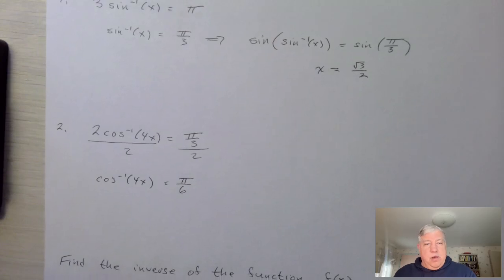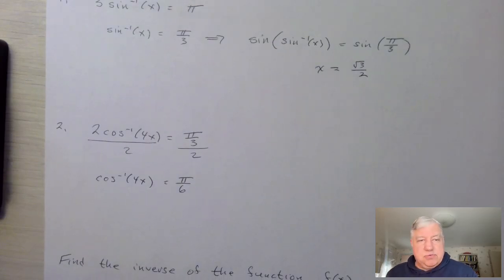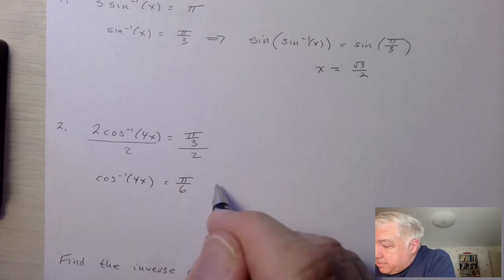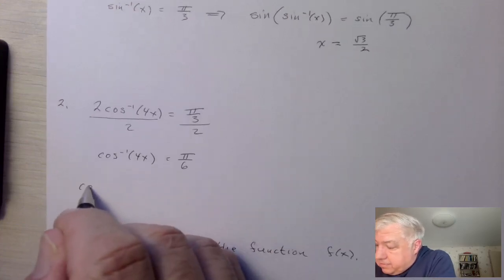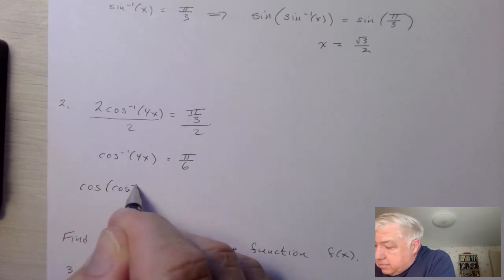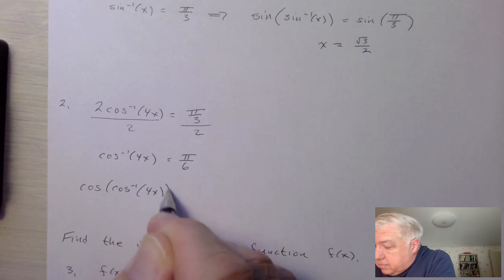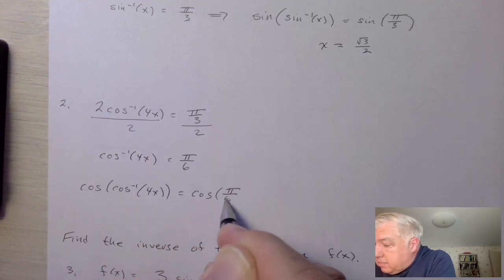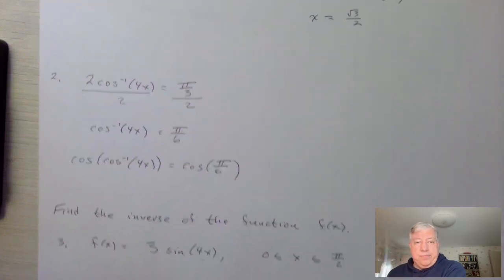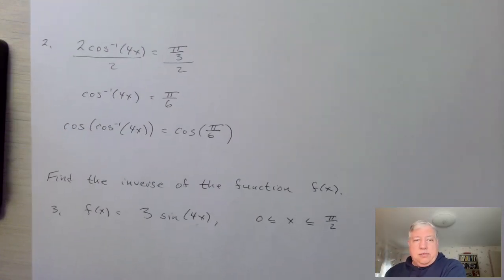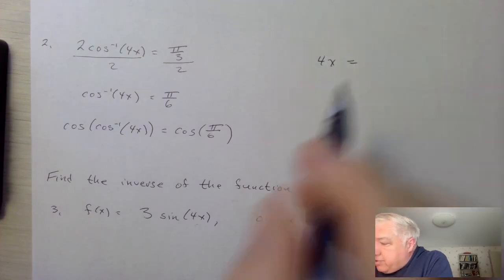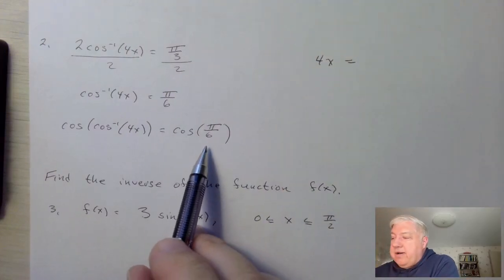Okay. All right, now what does that tell us? Well, let's take the cosine of both sides. And so this will give us 4x, and this will be the cosine of pi over 6.